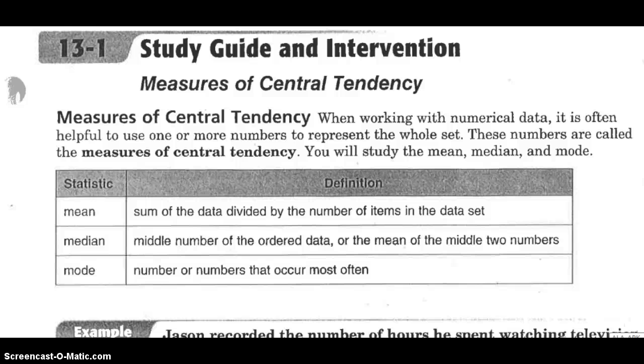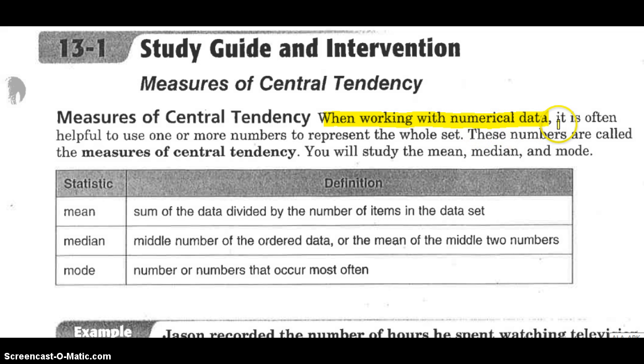Hello, pre-algebra students. We're ready for chapter 13, the first section, where we are going to be talking about measures of central tendency. This is statistics. When you're talking about statistics, you're usually talking about data, collecting a lot of data, a lot of numbers.